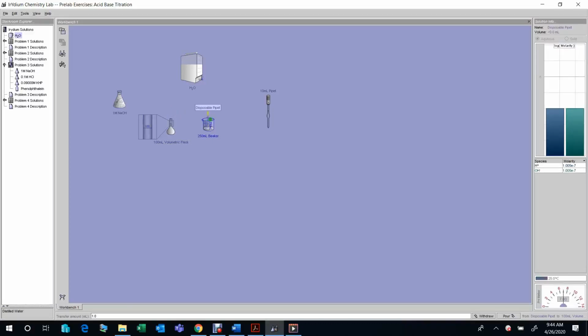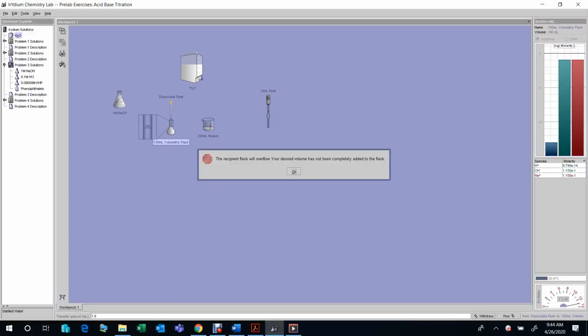Then we can just keep adding 1 milliliter. Withdraw, pour. Sorry. Oh, just now I clicked withdraw, so I need to click pour again.